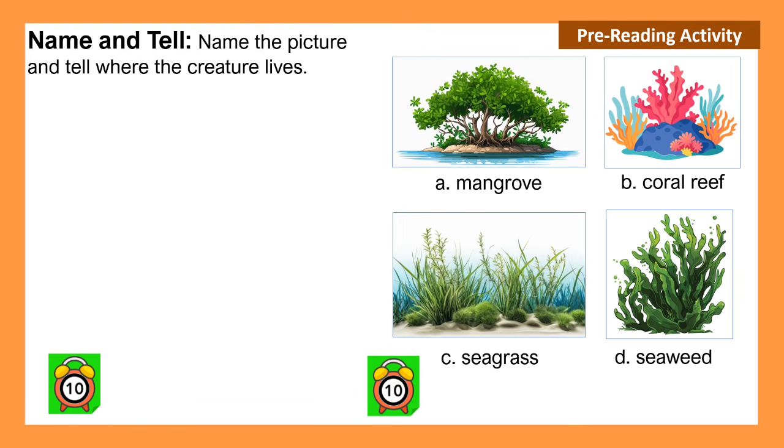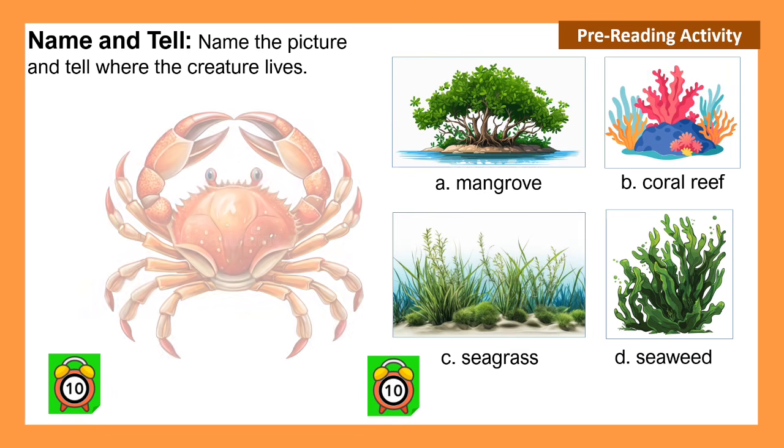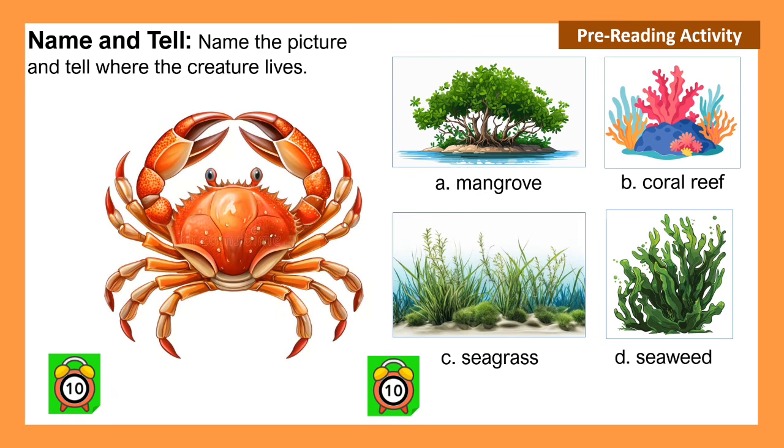Let us now have another activity. This one is entitled Name and Tell. You are going to name the picture and tell where the creature lives. Let's begin with picture number 1. What creature is this?